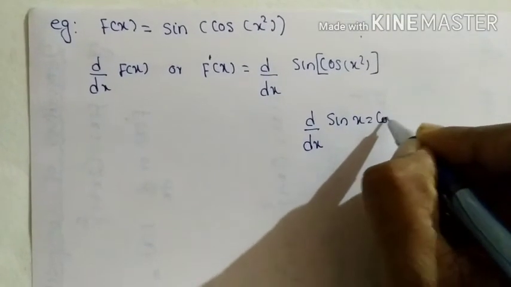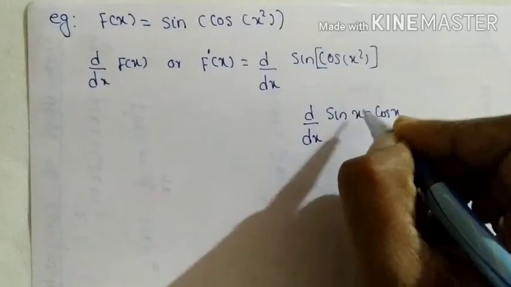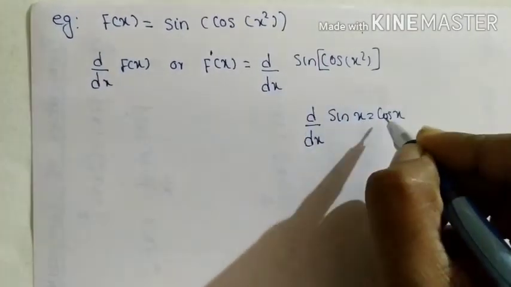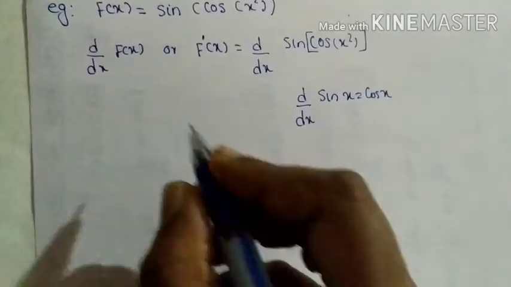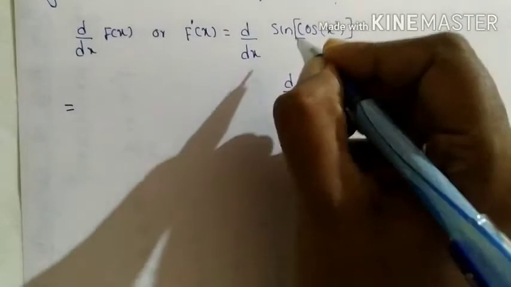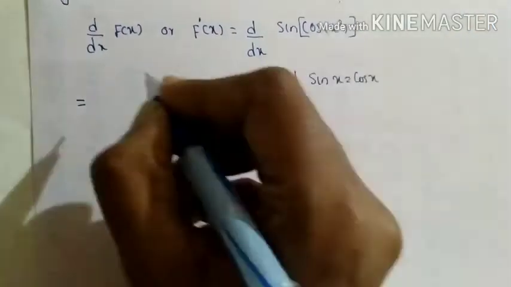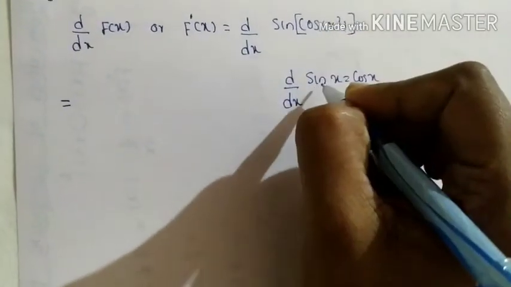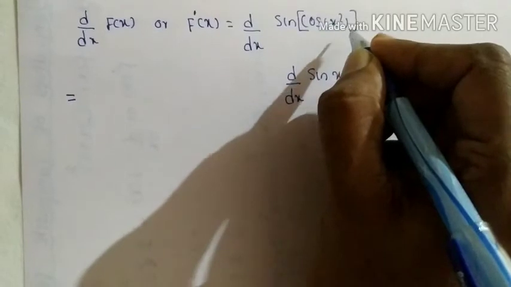First, we know that the derivative of the standard function sine x equal to cos x. Here the derivative of sine of cos x square will become cos of, here x is cos of x square, right?